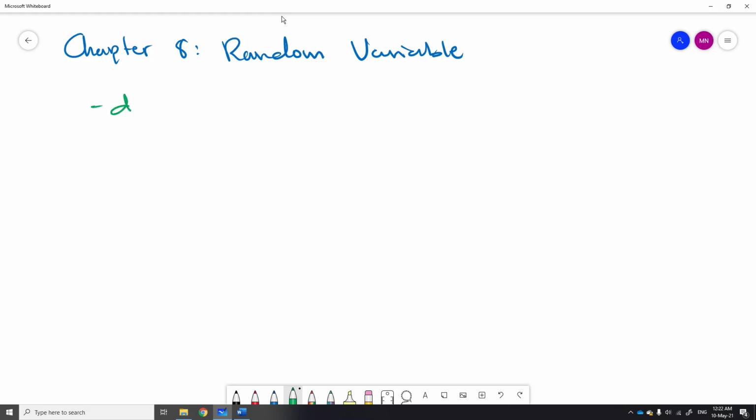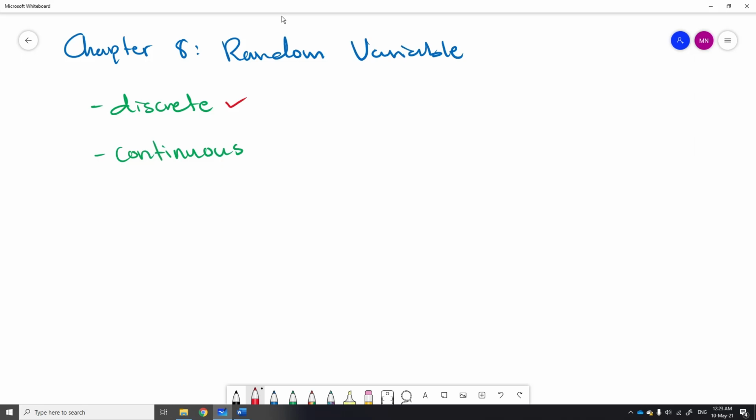First is called discrete random variable. Another one is continuous random variable. For now we will only be looking at discrete random variable.